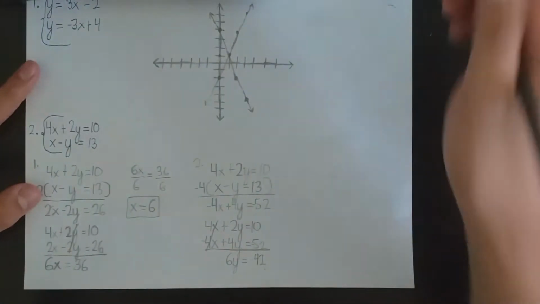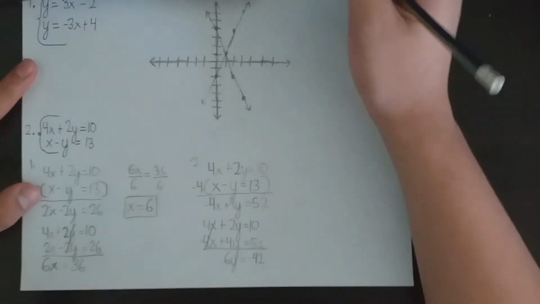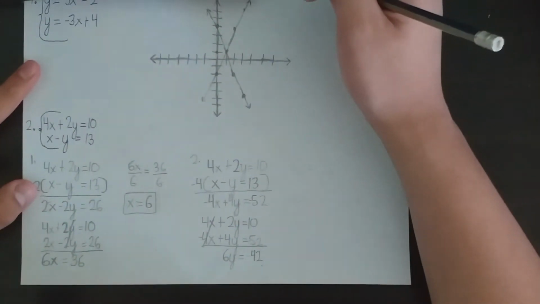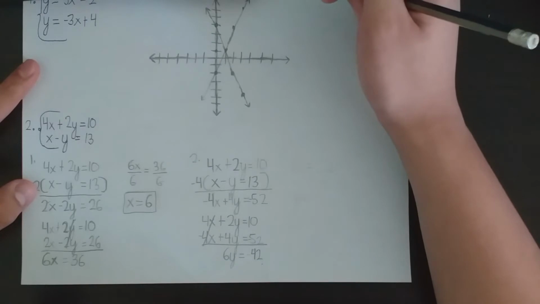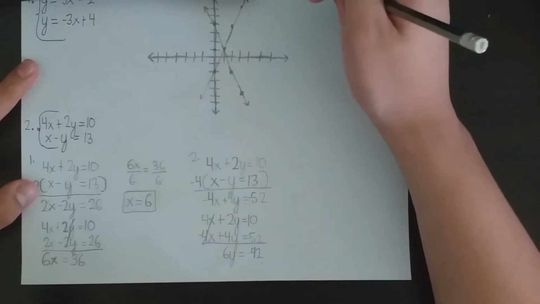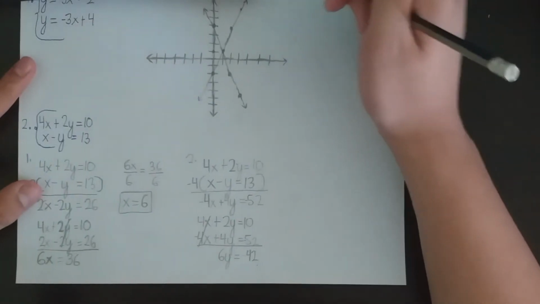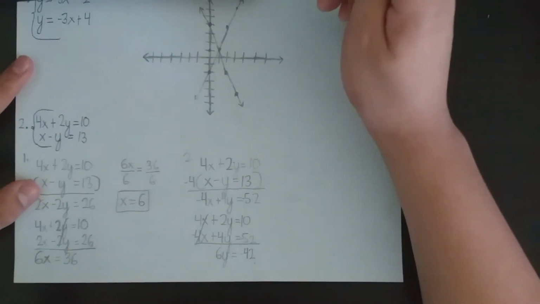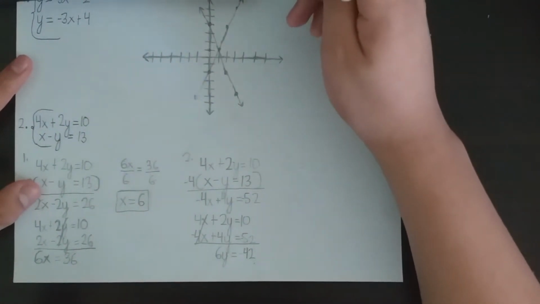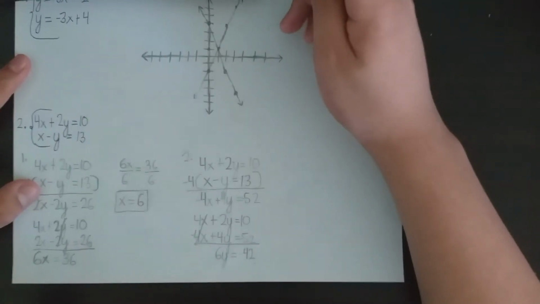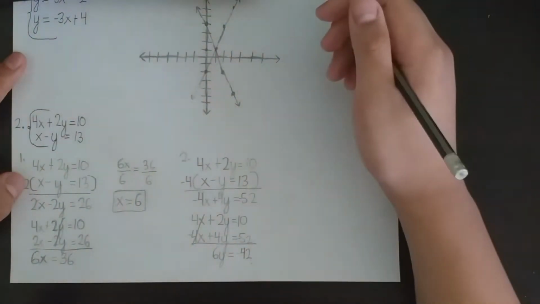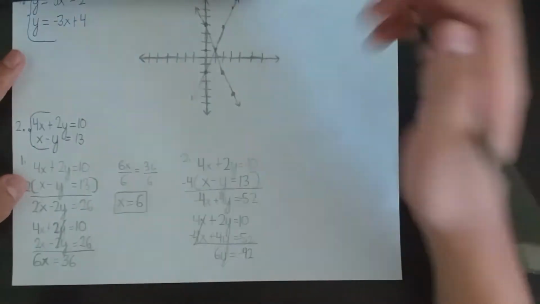The result is 2x minus 2y equals 26. And that would be combined with the first equation, and the result is 6x equals 36. After that, we will be dividing both sides by 6 so we could isolate x, and for our final answer, x equals 6.